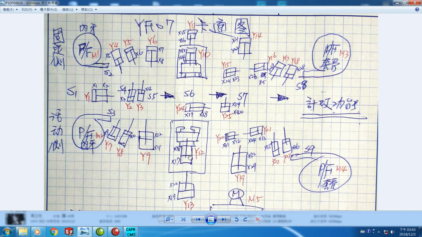Y10 and Y12 will be actuated to bite both sides of the aluminum bar to fix the bar and the inner teeth fixture.